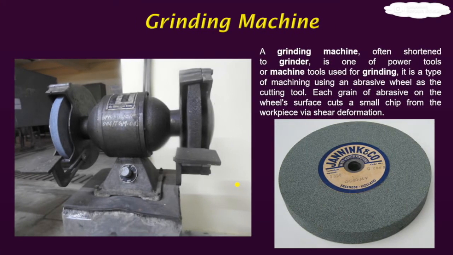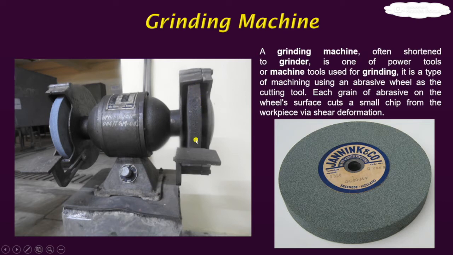In the grinding machine, what we are doing especially in our workshop, if the cutting tool is blunt, means the surface, the cutting edges are damaged due to repeated operation, it can be sharpened by this grinding machine.